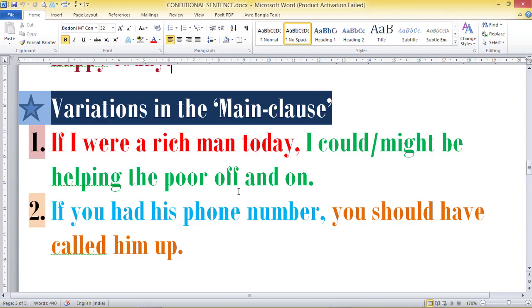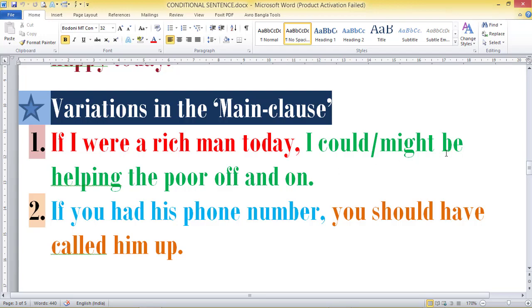You observe in the first sentence, in the if clause, we have used past indefinite, that is unreal past, and in the main clause you see after the subject could, might, then be, then the main verb plus ing. This is called present continuous infinitive.